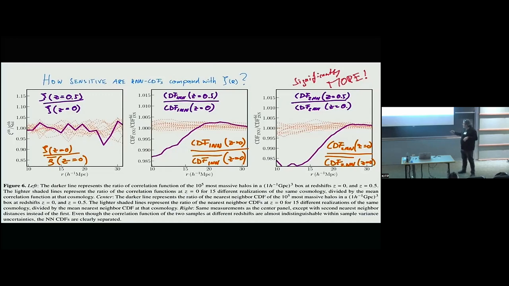In the 15 dotted lines here that you see in the background, there's just 15 realizations, where we then divide by the total mean of the hundreds of boxes, and you see a rough scatter of box-to-box variations for this 2-point function. And then I compare the one at redshift 0.5 with the one at redshift 0 for one realization, just to see, could I make out the difference of the 2-point function of the most massive 100,000 halos at redshift 0.5 to the one at redshift 0.